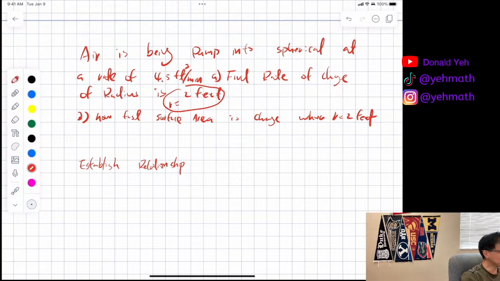What will be the formula for the relationship here? It's related rates, so it must have a relationship. Doing the volume? Volume of what? Sphere. What is the volume of a sphere? 4/3 pi r cubed.